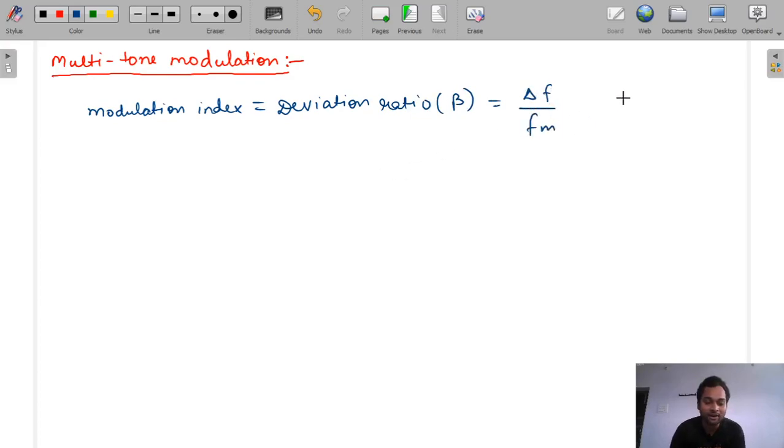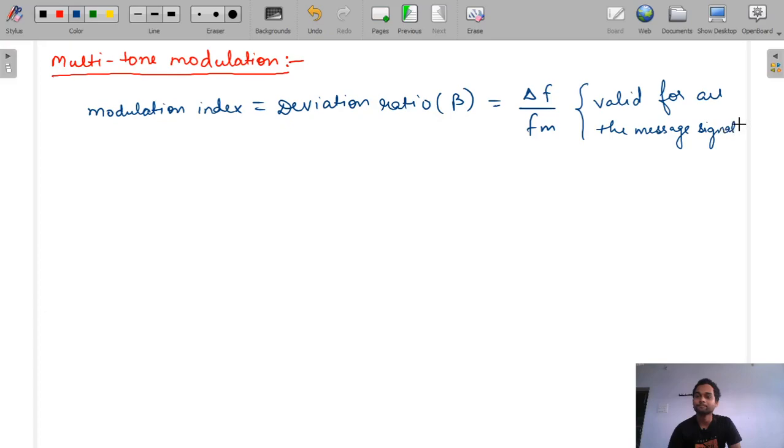Okay, and this is valid for all message signals, because this is a universal formula. Even if it is sinusoidal or rectangular, it is valid for all message signals. So beta of FM is equal to delta f of FM divided by f max.